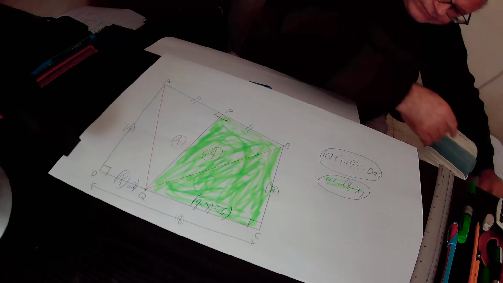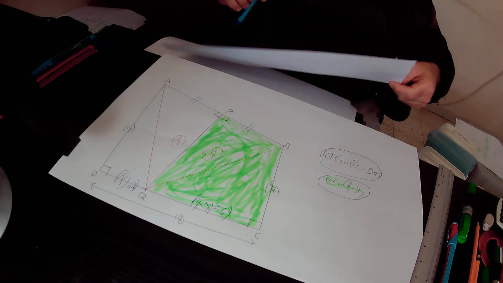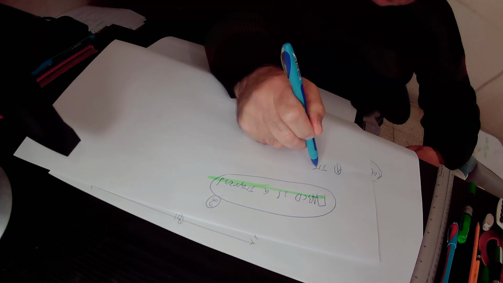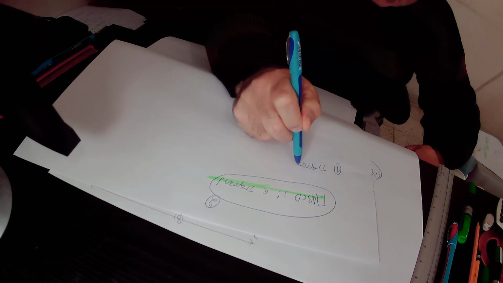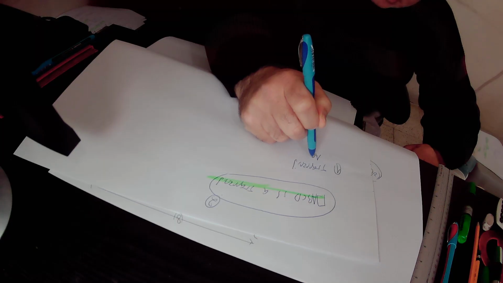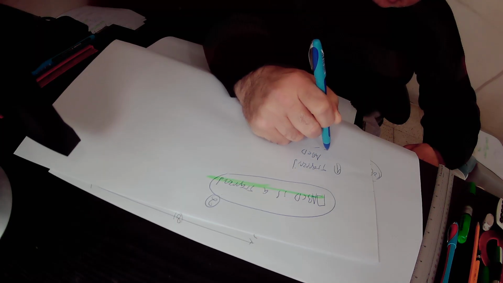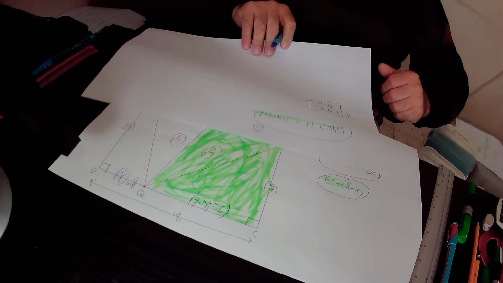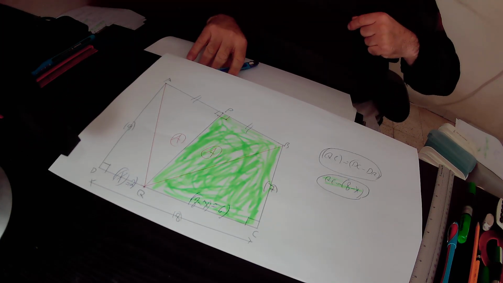According to the formula, the area of trapezoid ABCD is equal to the sum of its two parallel sides, that are the two bases.